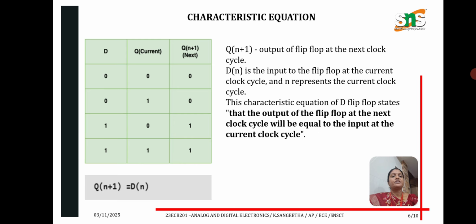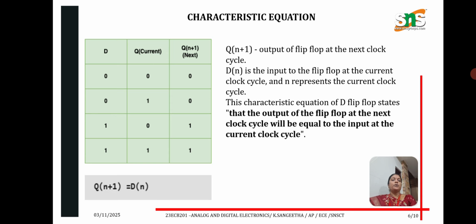And the characteristic equation. Why do we need the characteristic equation? The characteristic equation tells the behavior of the flip-flop for the different combinations of input and current state. Here D is the input, Q is the current state, and Qn plus 1, or it can be represented as Qt plus 1, is the next state.